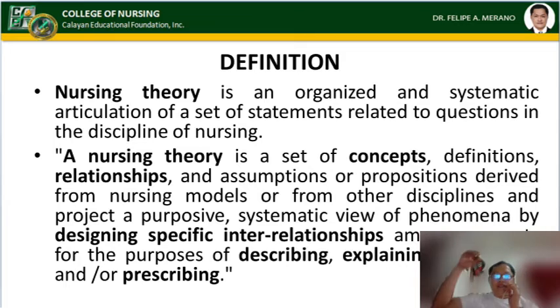Next, a nursing theory is a set of concepts, definitions, relationships, and assumptions or propositions derived from nursing models or from other disciplines. It means some of our concepts are taken from other disciplines. For example, the theory of gravity from engineering.